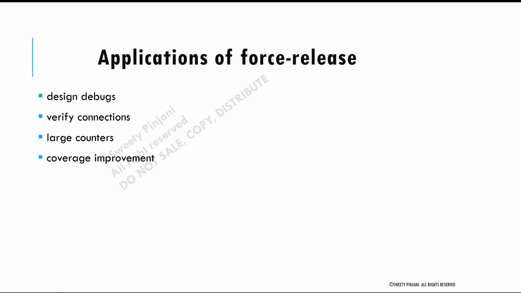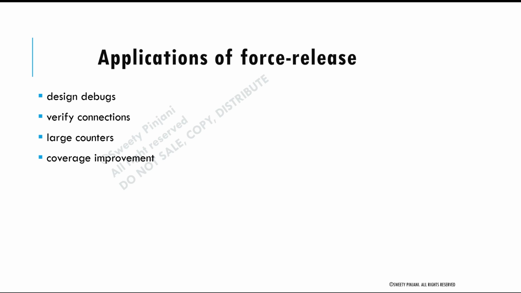Another is coverage improvement. We are going to come up with a coverage series soon. For now, I'll give you a simple example. In code coverage, we have toggle coverage. What toggle coverage does is check whether the 0 value was covered, the 1 value was covered, the transition from 0 to 1 was covered, and the transition from 1 to 0 was covered. Now, there are thousands of signals in your design.